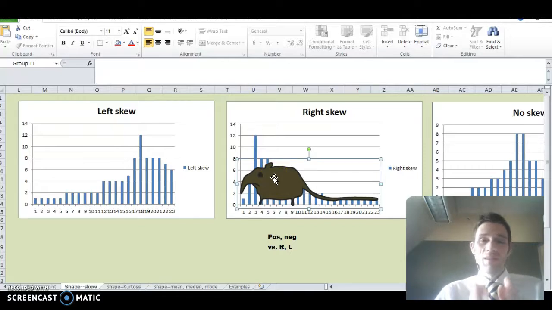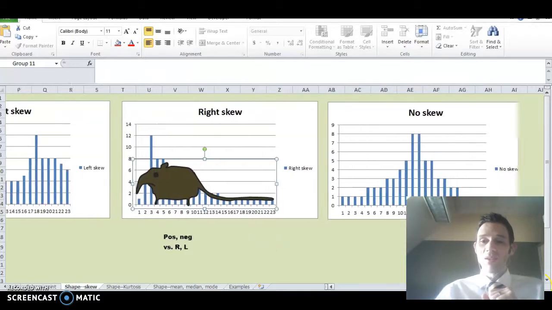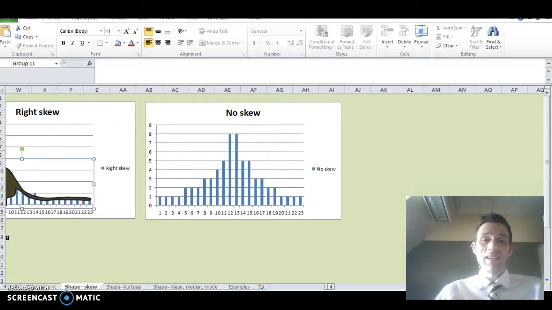If you think of skew and shrew, and you think of that long tail, that's what we're interested in with skew: in which direction is the tail of the data elongated? Is it pulled off to the right or to the left? Or do we have no skew, as is the case here? You can't say that the tail is pulled or elongated one way or the other.